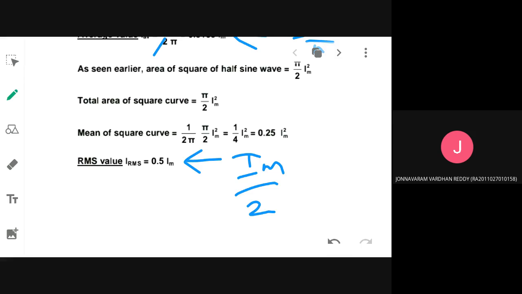The period is 2 pi, you remember. Ma'am, Im by 2. Yes. What about the rest? Have you got Im by 2 for RMS? Yes, ma'am. Rest also, have you got Im by 2, all of you?